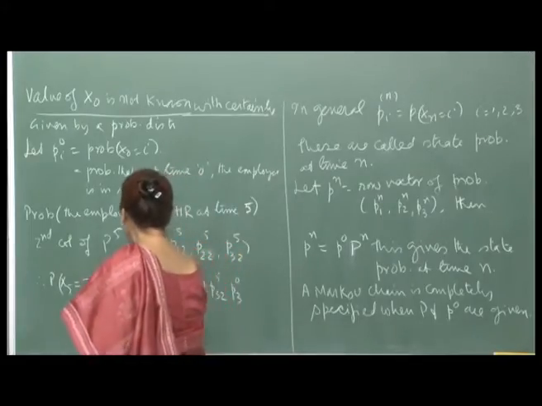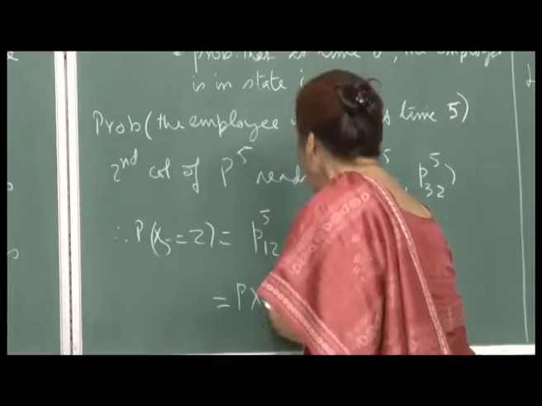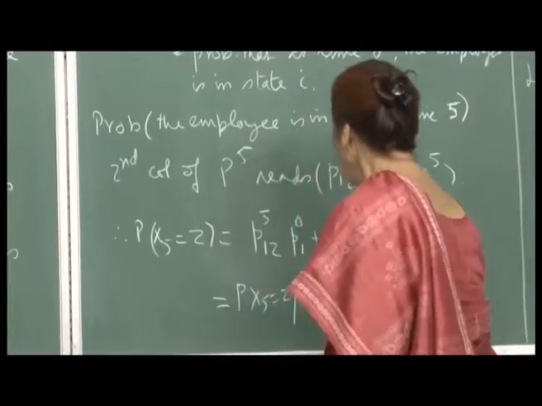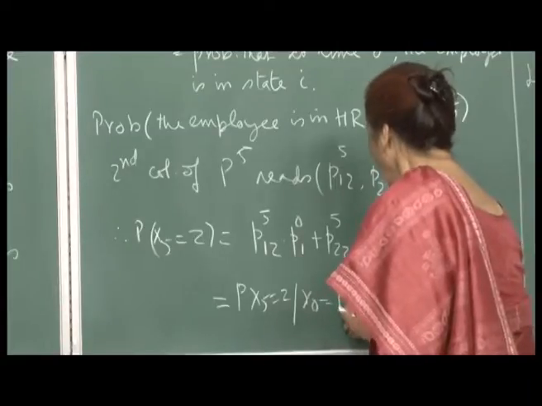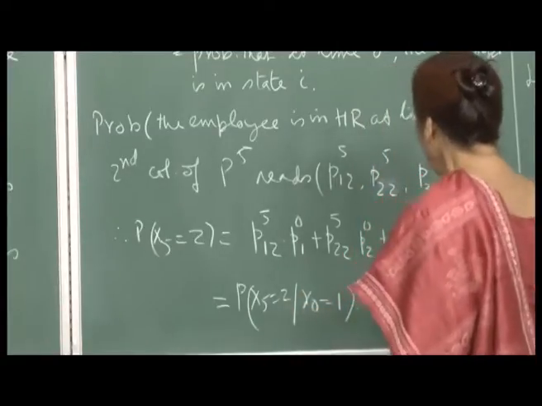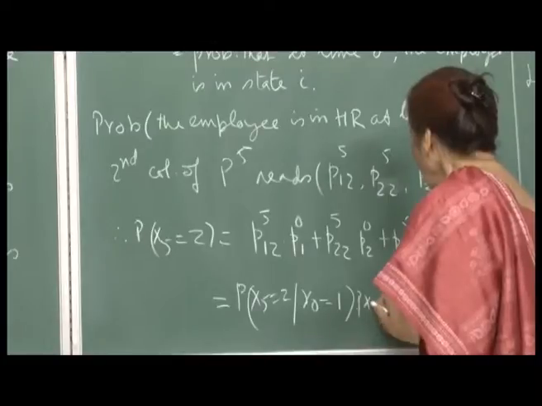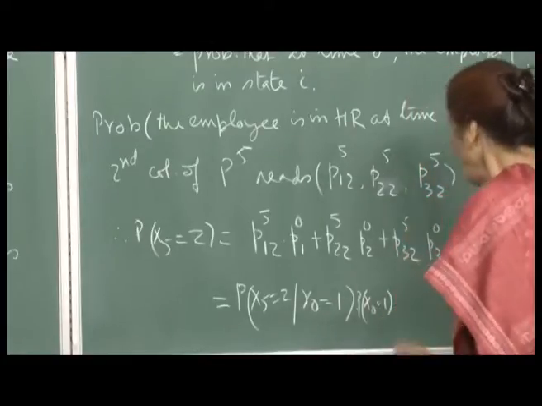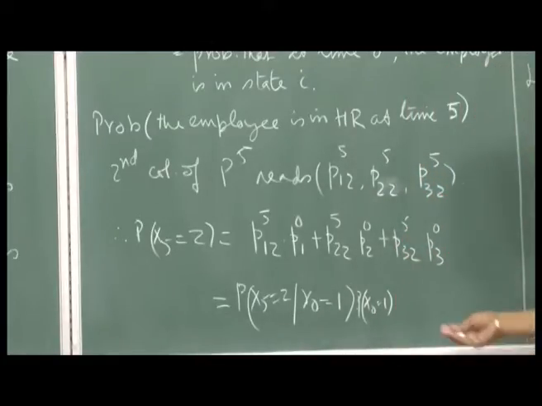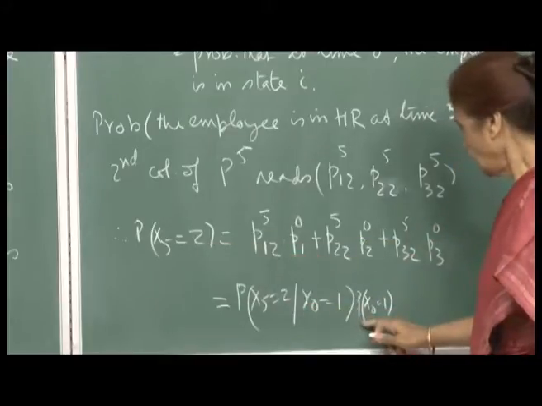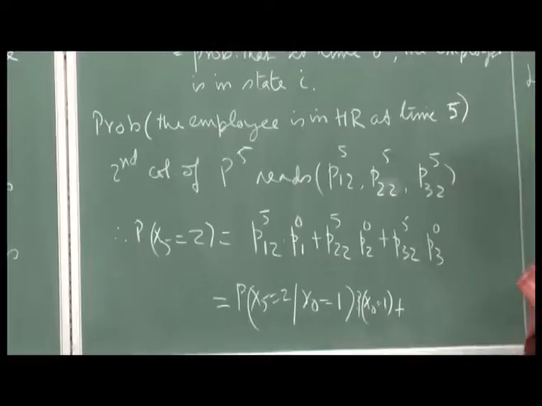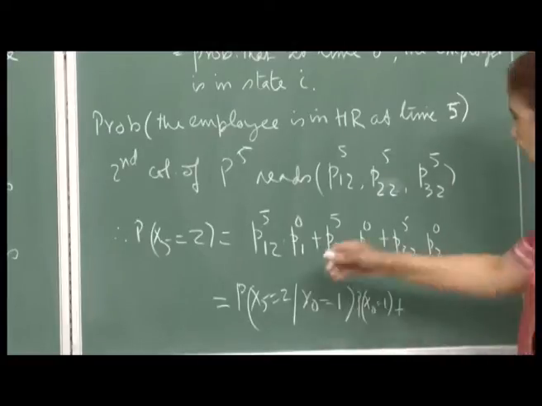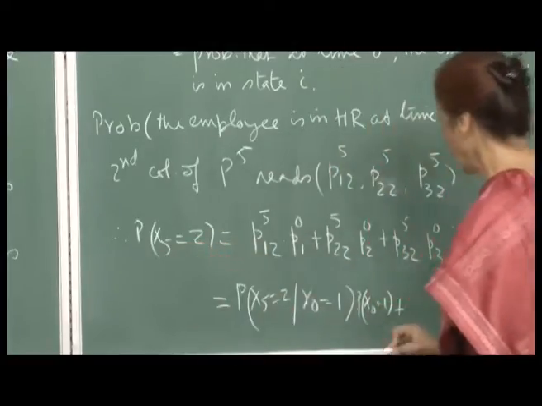So, we want to say that probability x 5 is equal to 2, given that x naught is 1, right. Then you will multiply this by probability x naught equal to 1, right. So, I am writing this as a conditional probability, and I will have to do it for all possible values of x naught, to get the probability that x 5 is equal to 2.